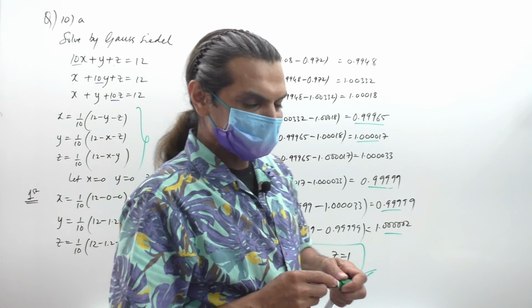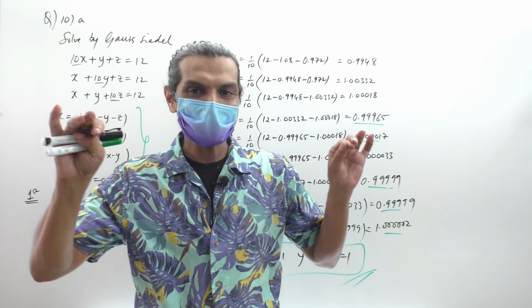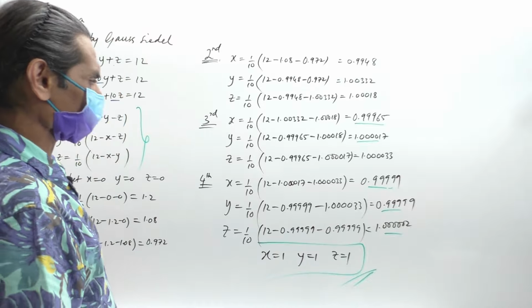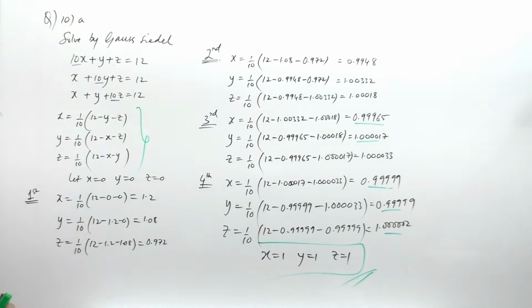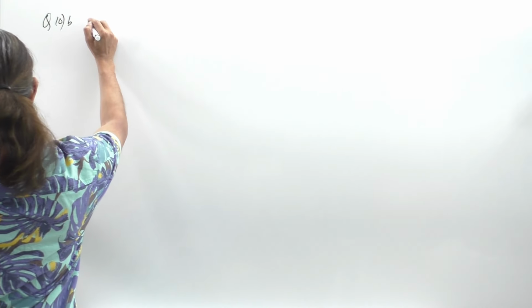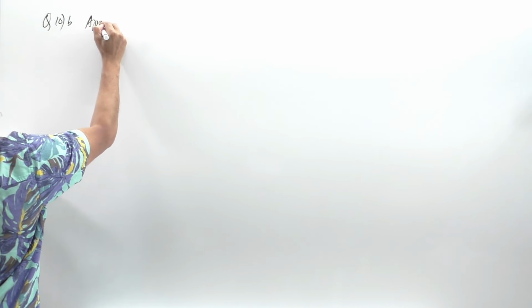A very simple method to follow, but you need a hands-on calculator. So the more you practice, the more you become perfect. Okay. Now the next problem here is question 10b. Apply power method.